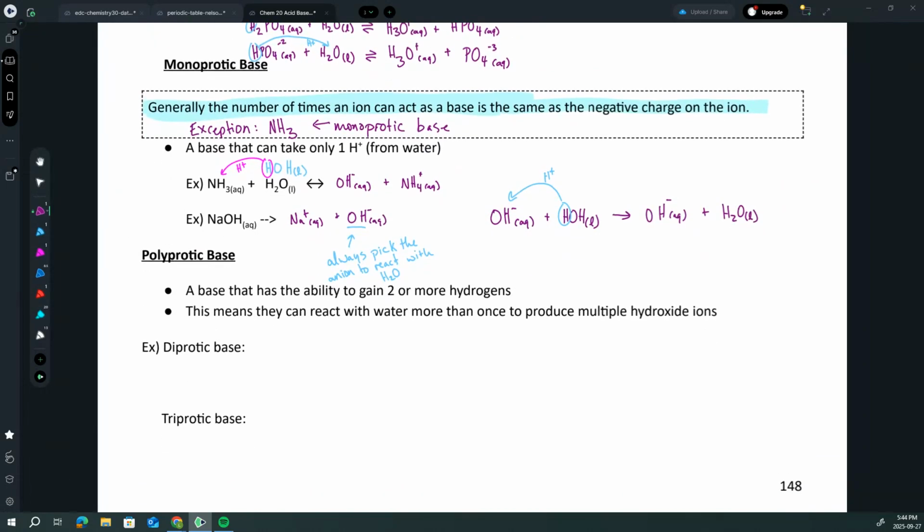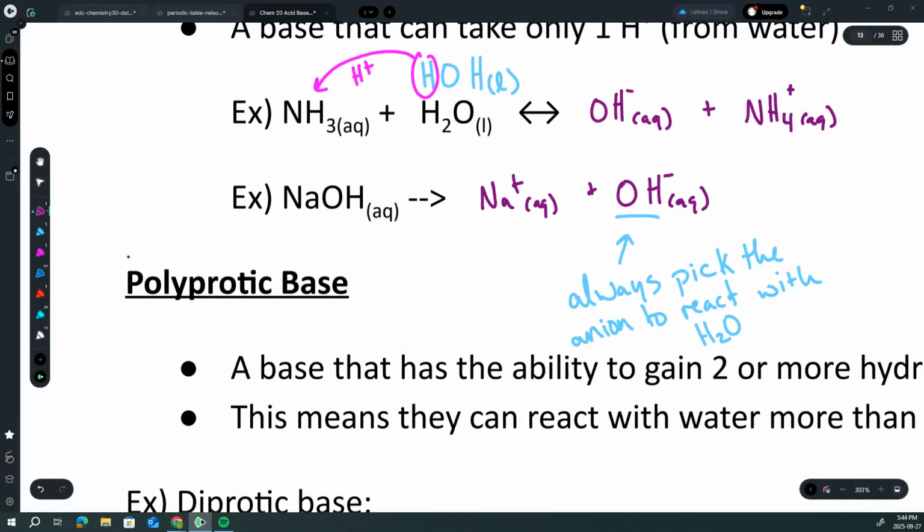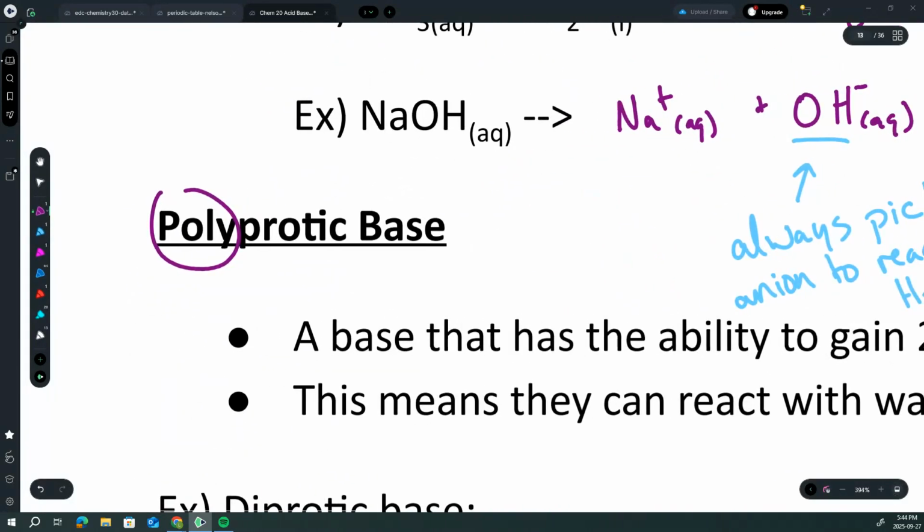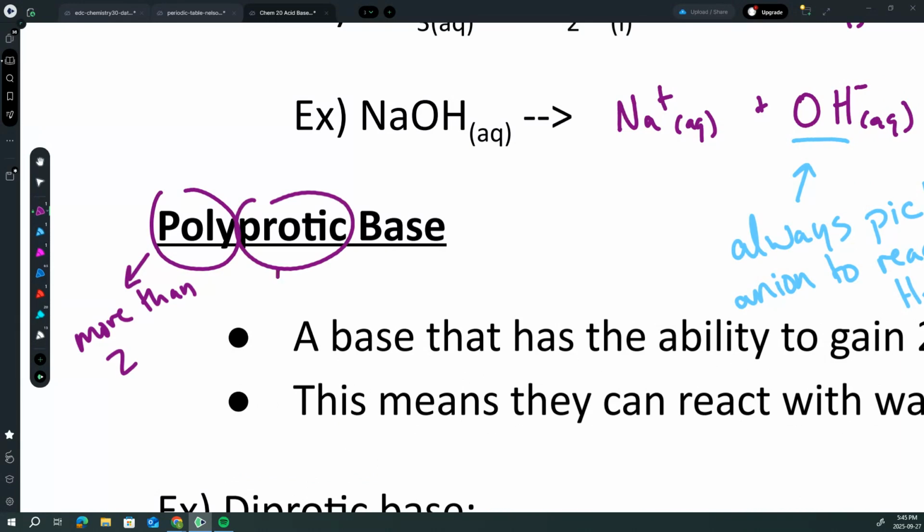So for a polyprotic base, breaking this down, poly just means more than 2. Protic means H plus, base means that it accepts it. So what this is saying is that a polyprotic base is a substance that can accept more than 2 protons.